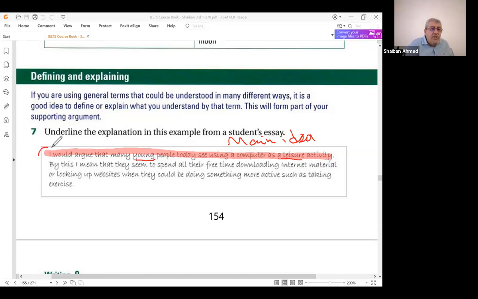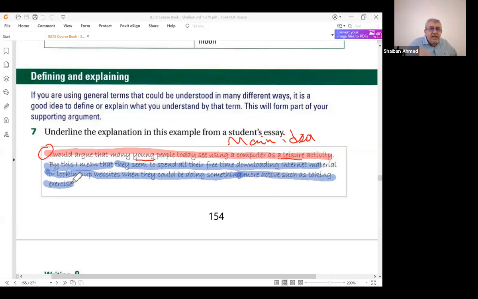No, I would. He said, this is his view, Muhammad. I'm showing you the development now. By this I mean, okay, so what do you mean by leisure activities? They seem to spend all their free time downloading internet material or looking up websites when they could be doing something more creative, such as taking exercise.